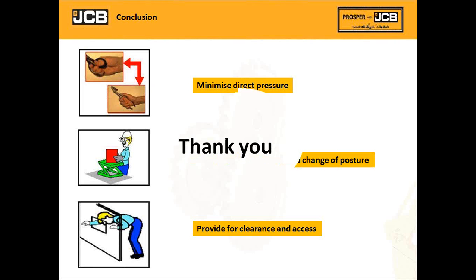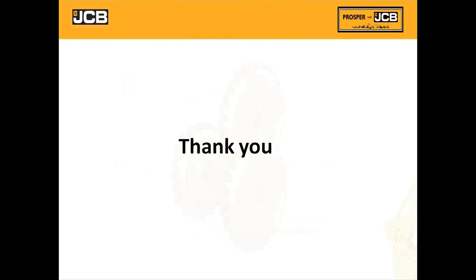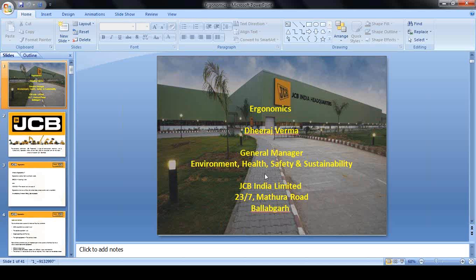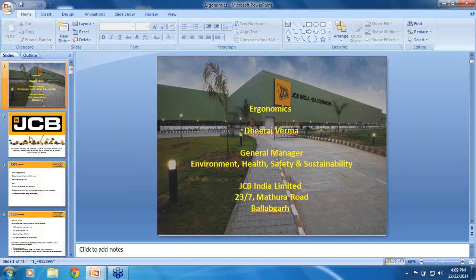I do hope you found this session interesting, and I did quote examples from the factory, from the working atmosphere. You can note these, identify these unsafe ergonomic conditions at the shop floor, and take them up for rectification, so that we can ultimately provide a place which is safe for people to work in.